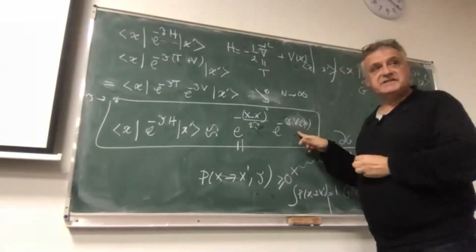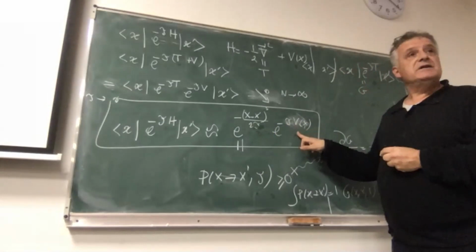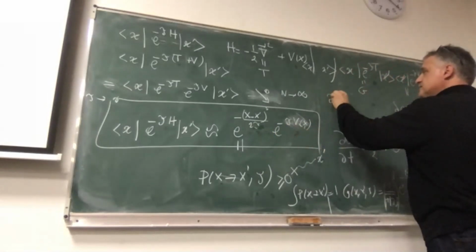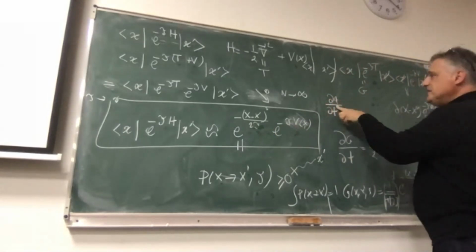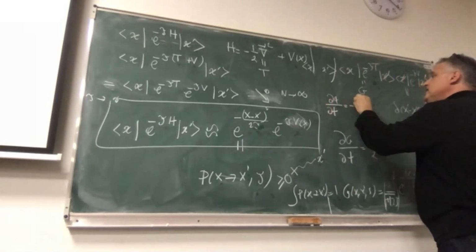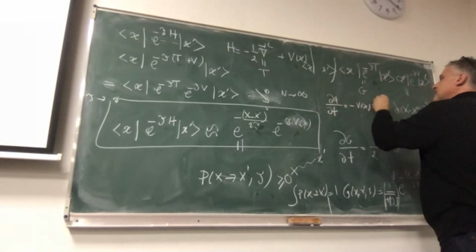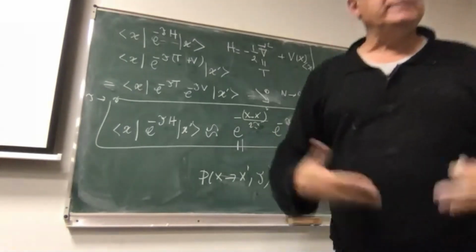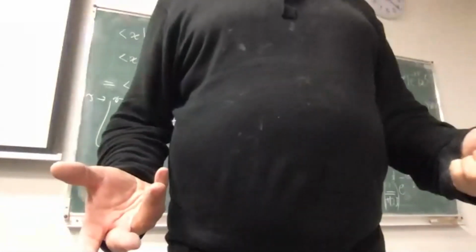And what is this? This is like in chemistry, if you write this equation, i ħ derivative of psi over t equals V of x psi. It's like a first order chemical reaction. It's a multiplication of particles at point x.